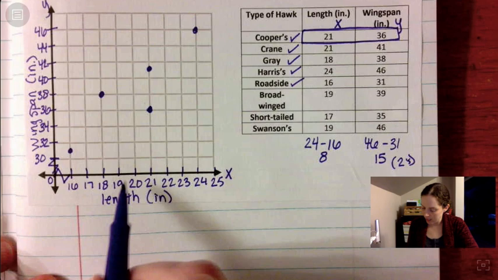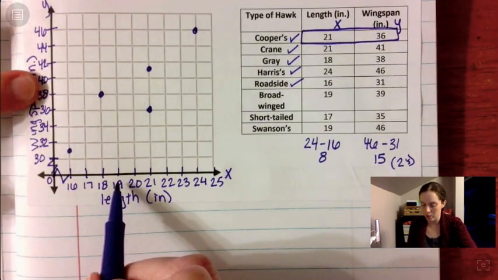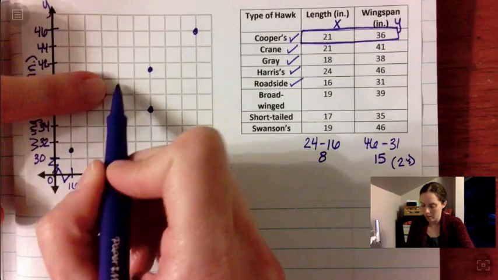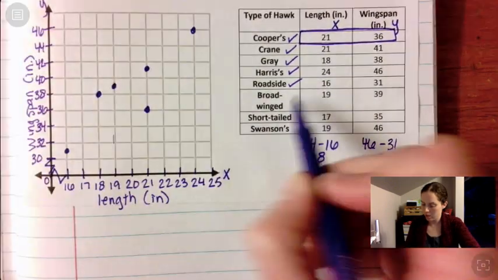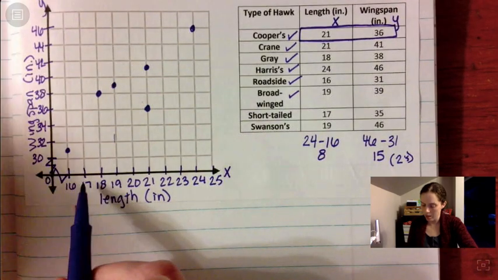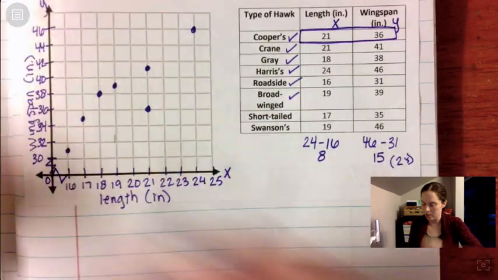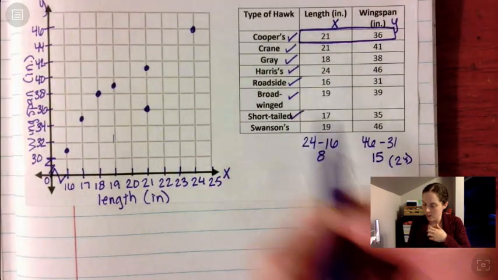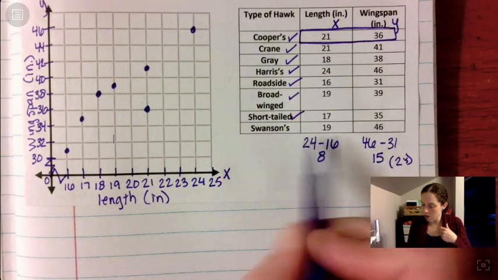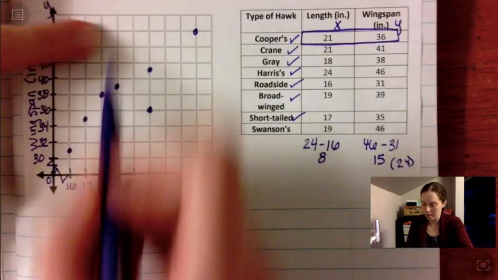I start at 19 and I go up to 39, which would be right between 38 and 40. The short-tailed, 17 and 35, so again right between these, 34 and 36. And then finally, the Swanson's hawk, 19 right here to 46 up here.